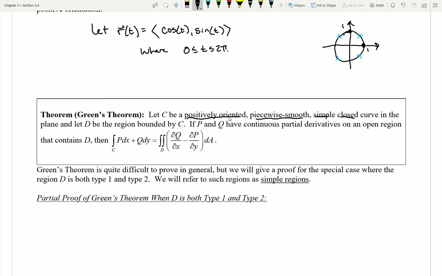So if I have a positively oriented, piecewise smooth, simple closed curve in the plane, and D is that interior region that's bounded by C, then I can state the following.